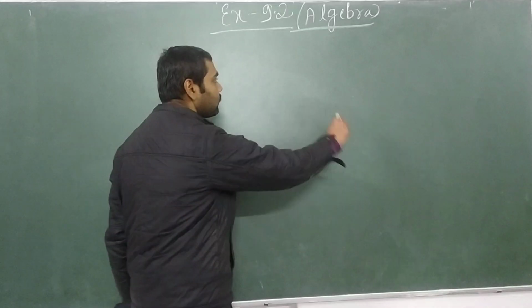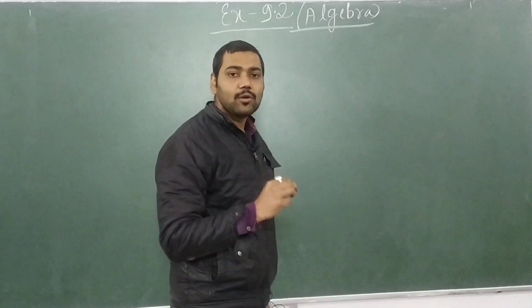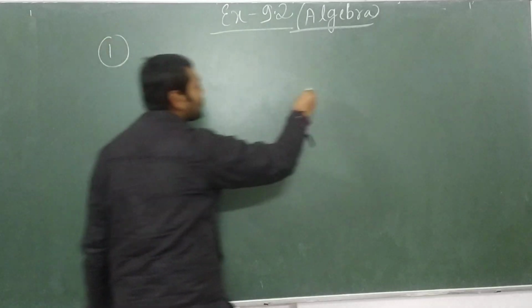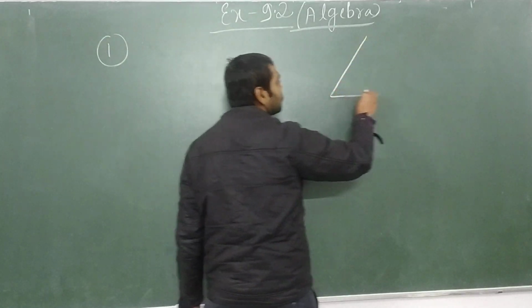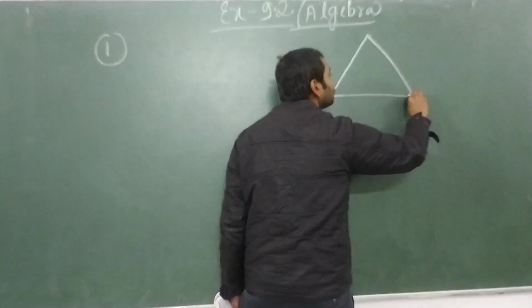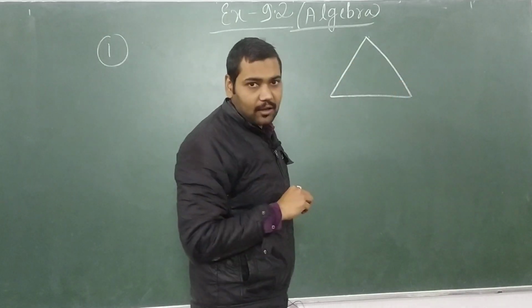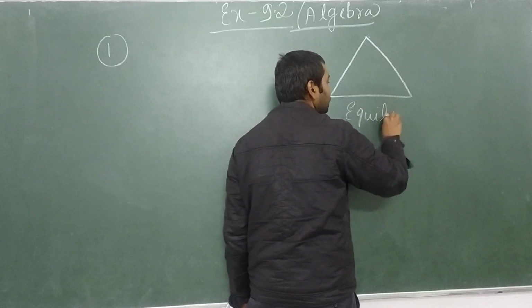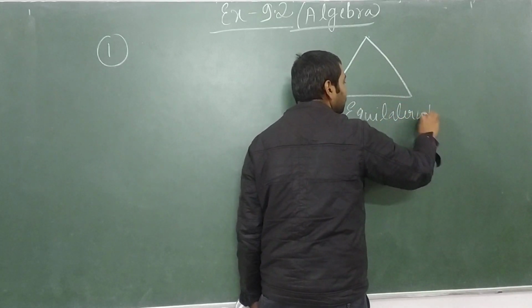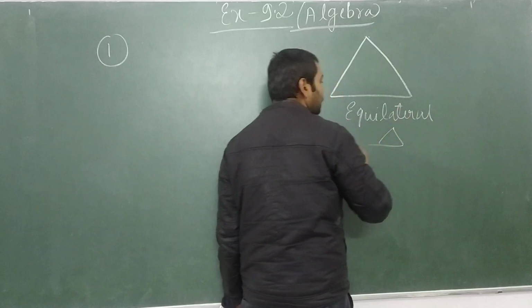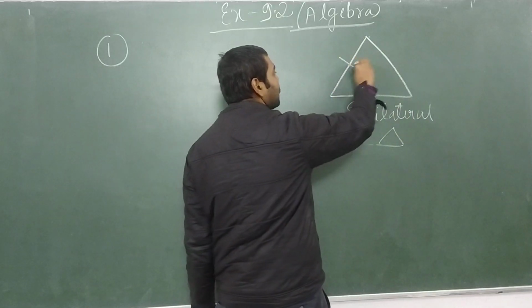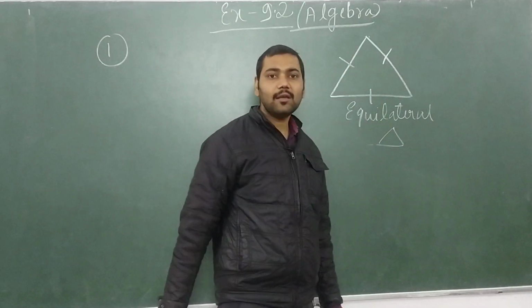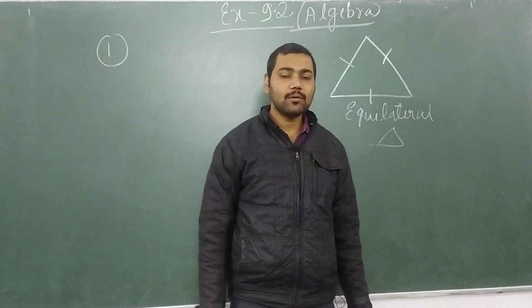So first we will draw a figure of an equilateral triangle. Suppose this is an equilateral triangle. In an equilateral triangle, all sides will be equal. This is the sign of equality, we will show the sides are equal by this sign.